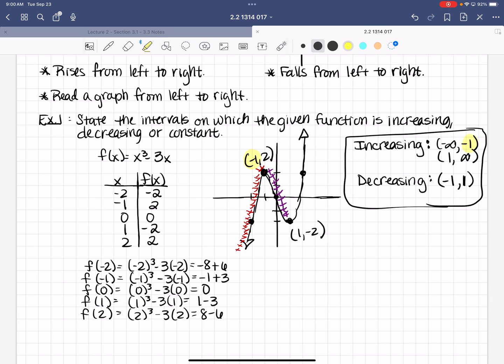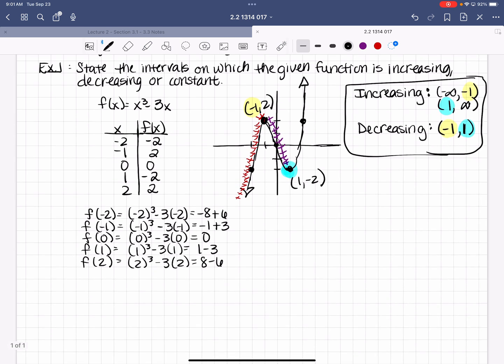He increases until he gets to -1 on the x value. Then he starts decreasing somewhere right after -1. He decreases until he gets to +1. And then somewhere right after +1, he starts going up again. He starts increasing again. Okay, that is example 1.